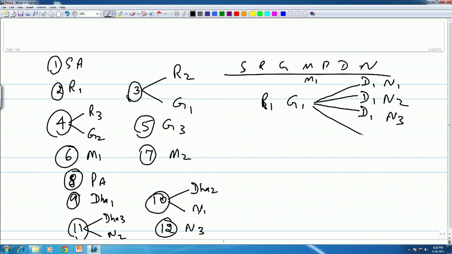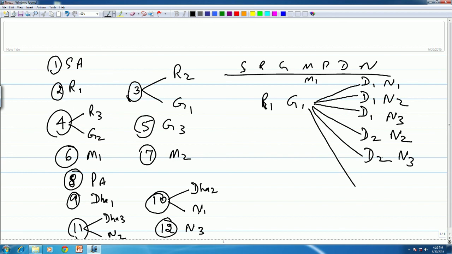Fourth is Dha2 and Ni2. Dha2, Ni2 are not possible because they are the same swarasthana actually. Dha2, Ni3 is the next one.